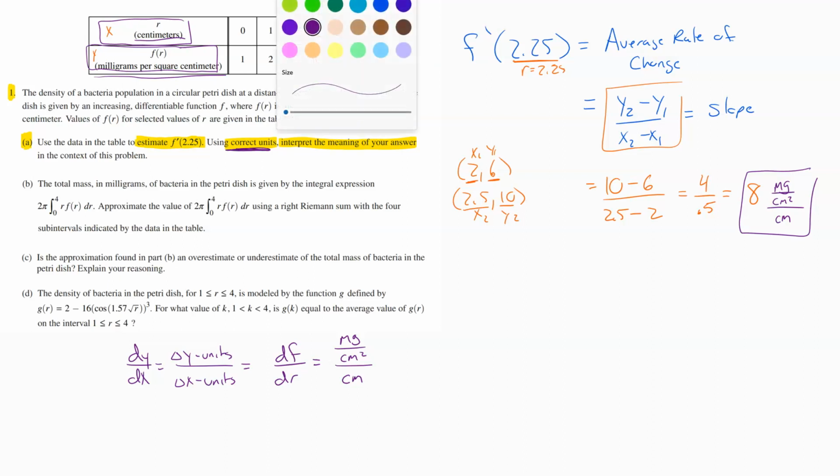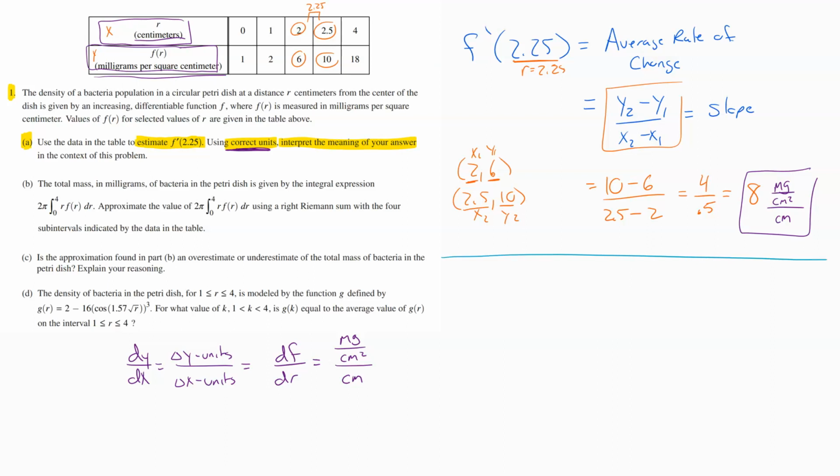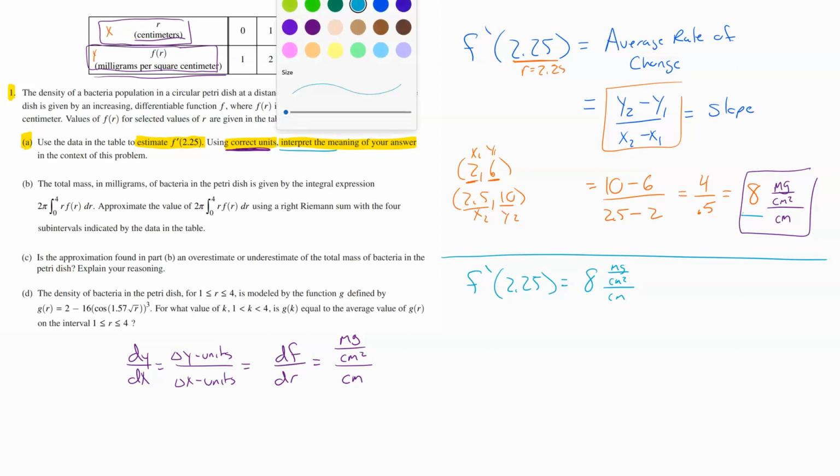Now let's put together the interpretation portion. What does this mean in the end? We were just approximating f prime of 2.25, and we got our answer of 8 milligrams per centimeter squared per centimeter. So just take it down a chunk at a time.